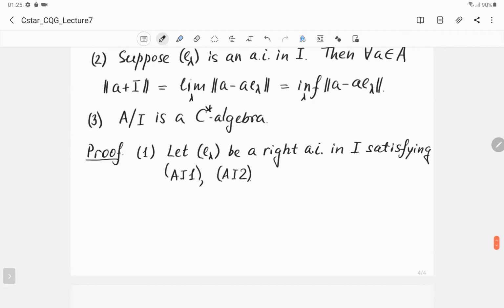Well, so we want to show that I is a star ideal. We take an arbitrary element A in I, and we do the following.